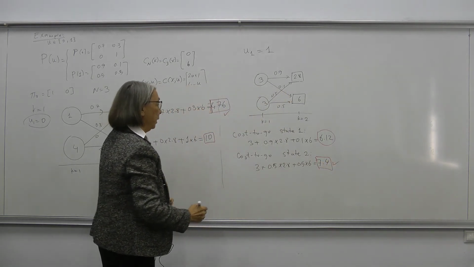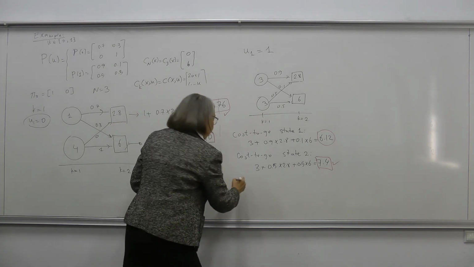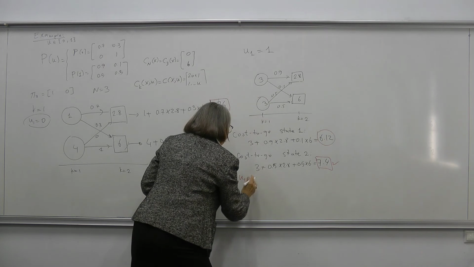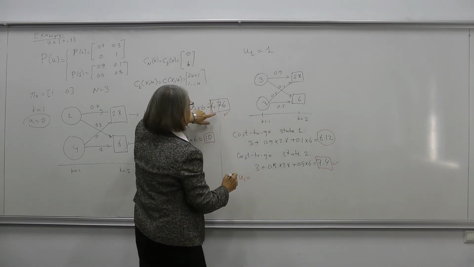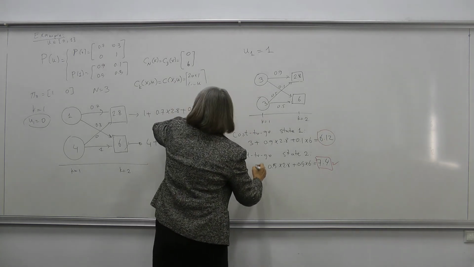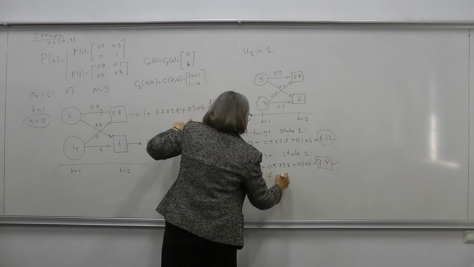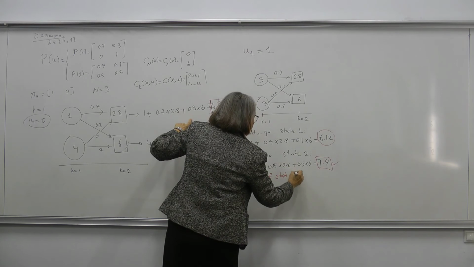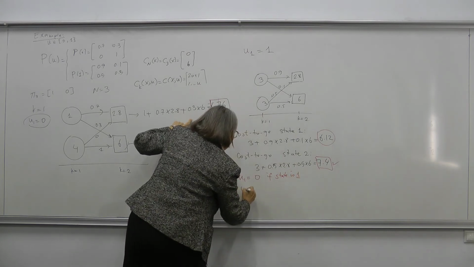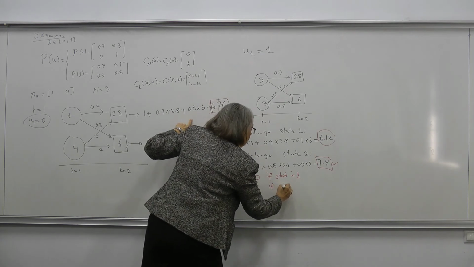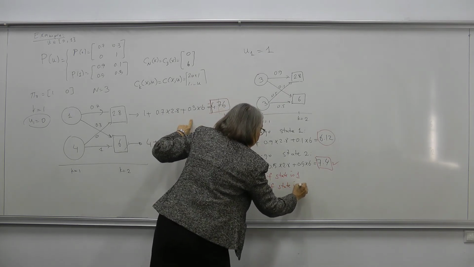So our decision is that U1 at time 1 will be equal to 0 if the state is 1, and U1 will be equal to 1 if the state is 2.